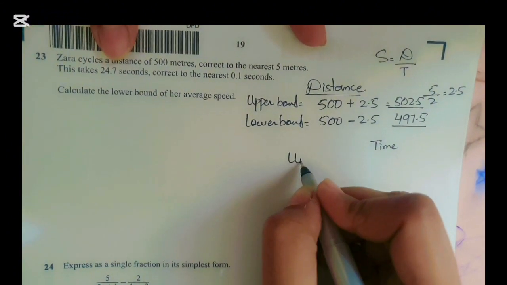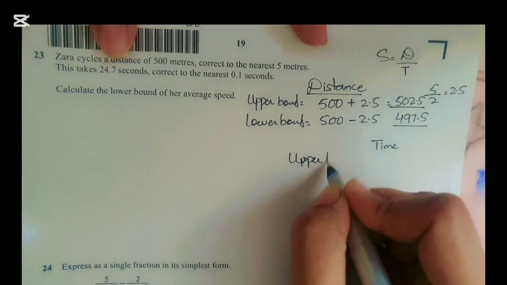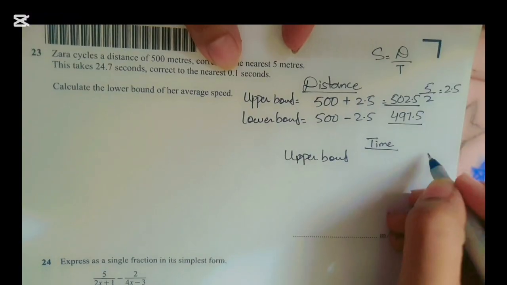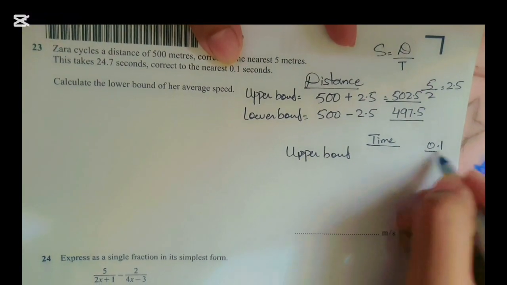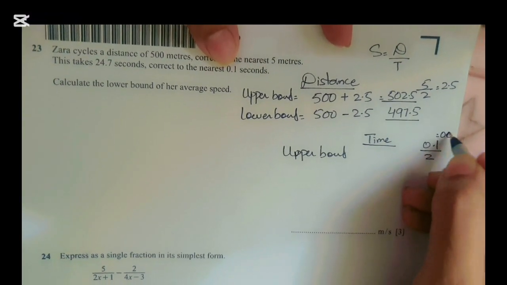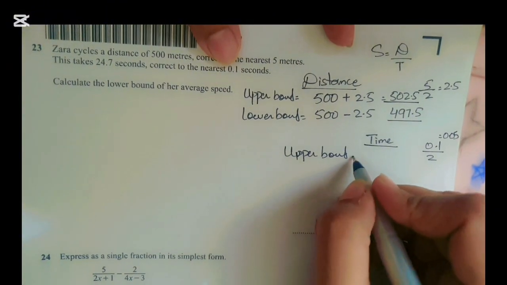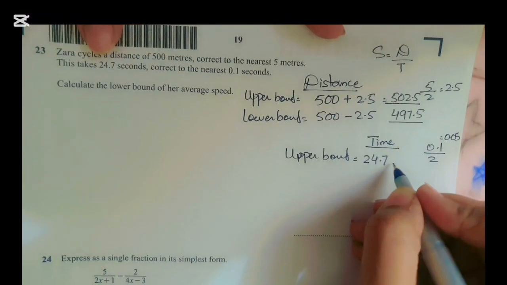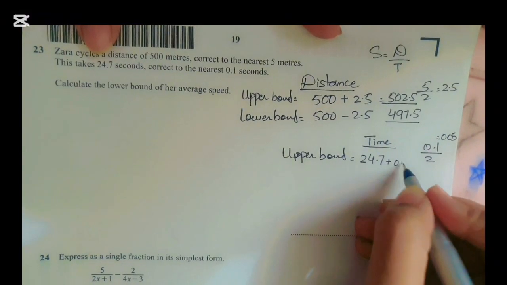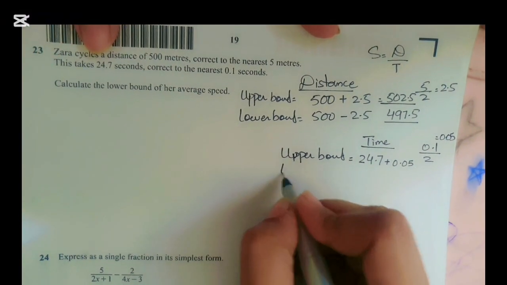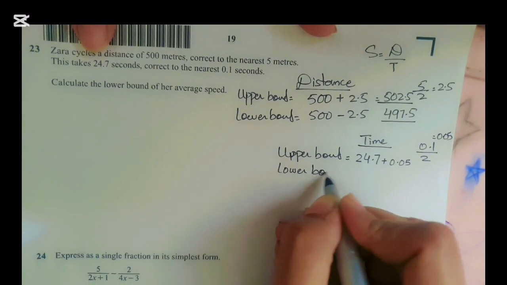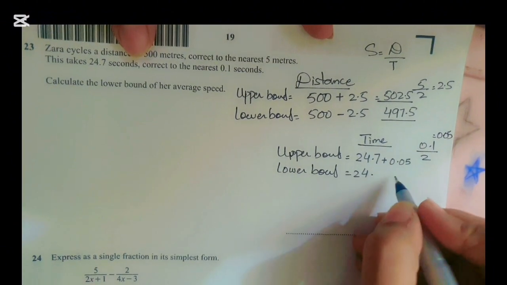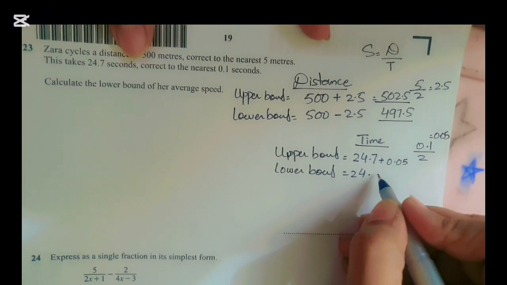And this is for time. 0.1 divided by 2 is equal to 0.05. So in the upper bound we will take 24.7 plus 0.05, and for the lower bound we will take 24.7 minus 0.05.